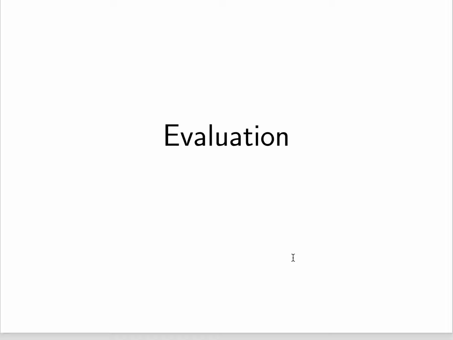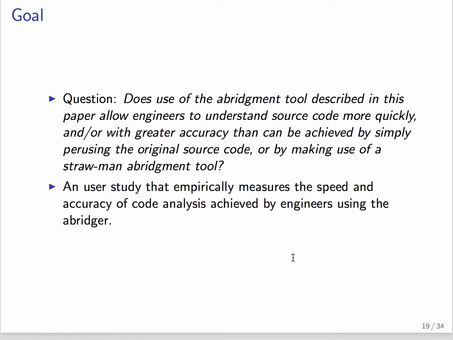And finally, with the last couple of minutes, I will talk about how we evaluate our tool. The fundamental question we ask is, does the abridgment tool described in this paper actually help the user understand the source code more quickly and more accurately, compared to simply dumping a couple of statements from the source code, or compared to the original code?